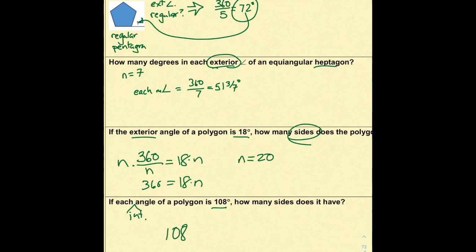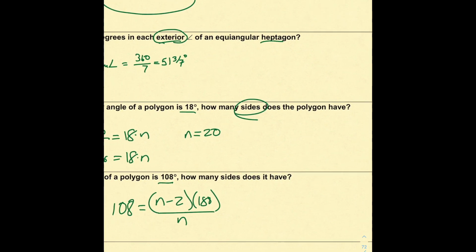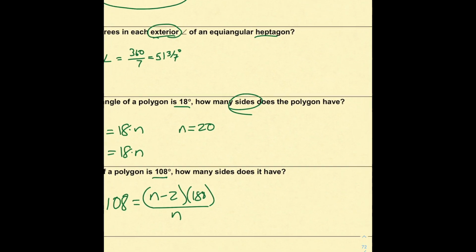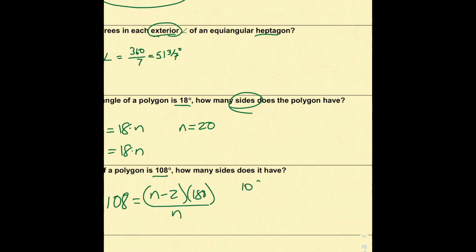All right, interior angle. So 108 has to equal n minus 2 times 180 divided by n. So multiplying both sides by n, we get 108n equals n minus 2 times 180.